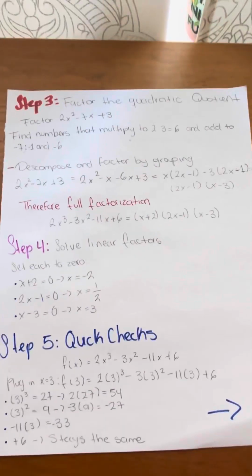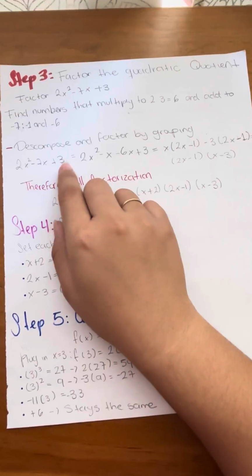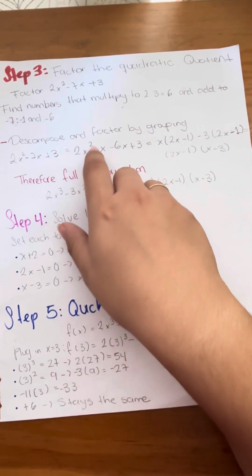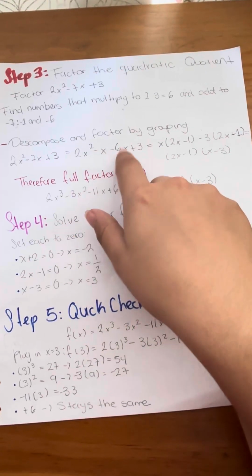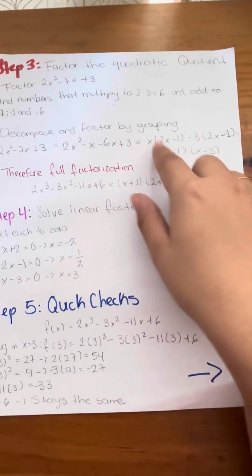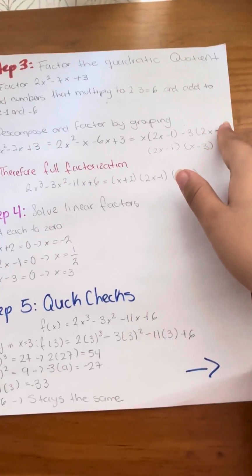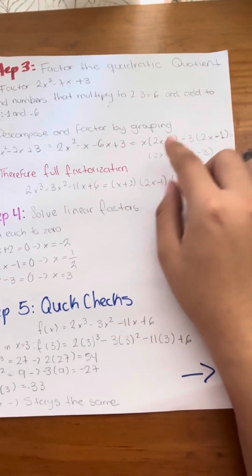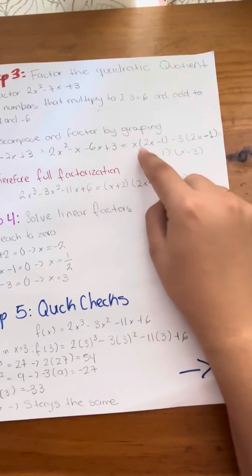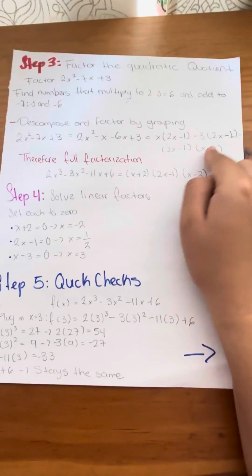Now we're gonna decompose and factor by grouping. So we put these numbers right here, and that will give us 2x to the second power minus x minus 6x plus 3, and then it will be equal to x times 2x minus 1 minus 3 times 2x minus 1, and then we have the same factor here, so we use 2x minus 1, and then we put these two together, which are x minus 3, and that will be the result of this.